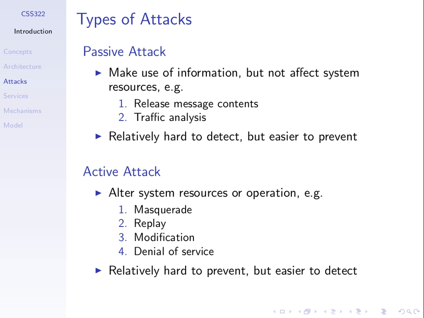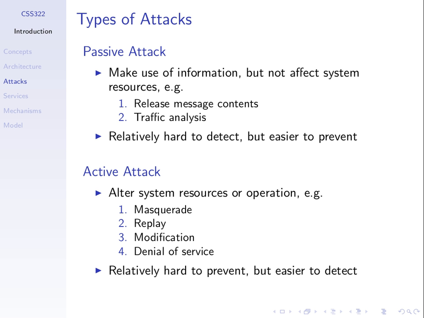A passive attack is when, if we introduce the attacker, from the end user's perspective, nothing is different. They cannot notice. There's no change to the system because of the introduction of the attack. An active attack is when the attacker somehow modifies the system under attack, modifies the information, introduces new messages.